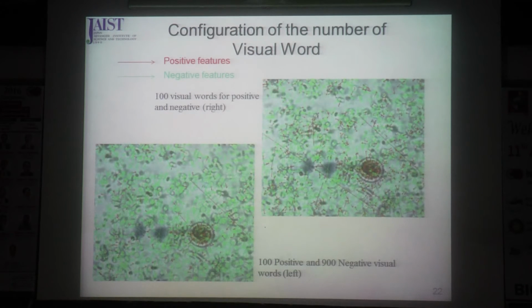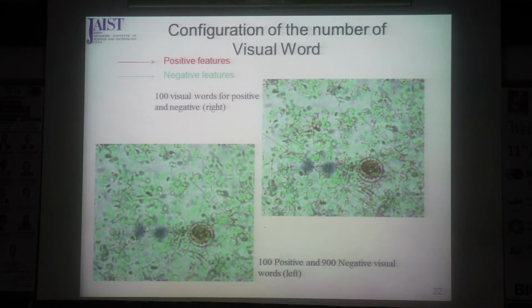And this is an intermediate result of detecting the parasitic worm. I'm sorry, this is a little bit difficult to see, but over here you can see green lines and red lines scattered all over the image on the right. That is the failure case of detecting the worm. But if you look at the picture on the left, the red lines converge into the area of the worm over here.